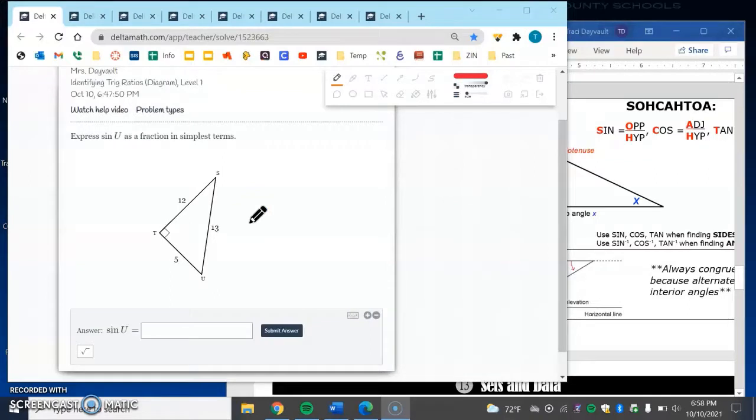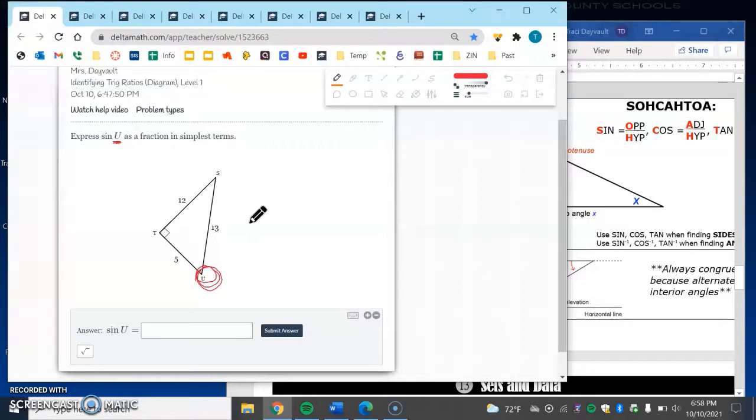So the reference angle here is U. Whatever comes after sine, cosine, or tangent is always going to be an angle measure, a number of degrees. Your reference angle is never going to be the 90-degree angle. It's always one of the other two angles.